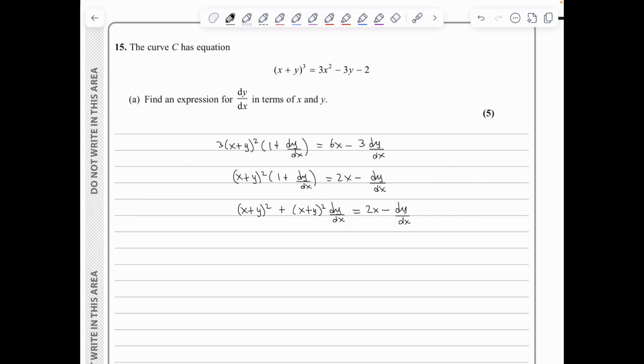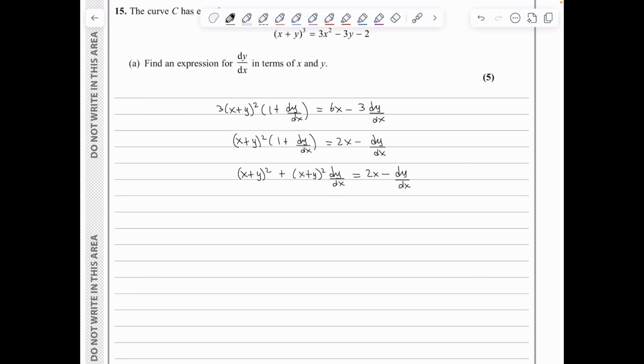I will be collecting the dy/dx terms on the left hand side, taking me to (x + y)^2 dy/dx + dy/dx being equal to 2x - (x + y)^2.